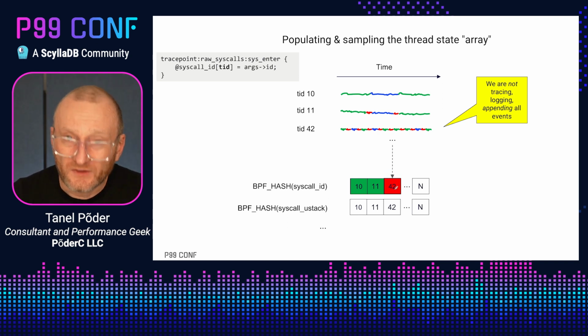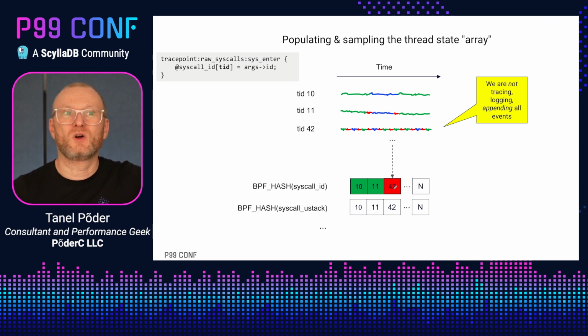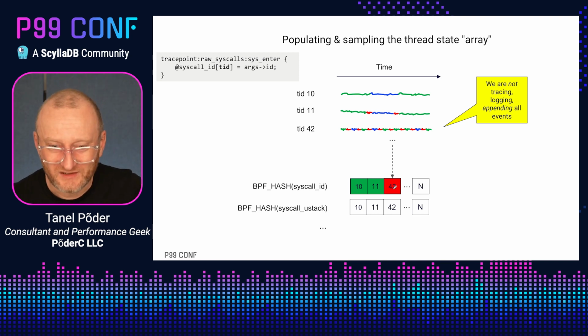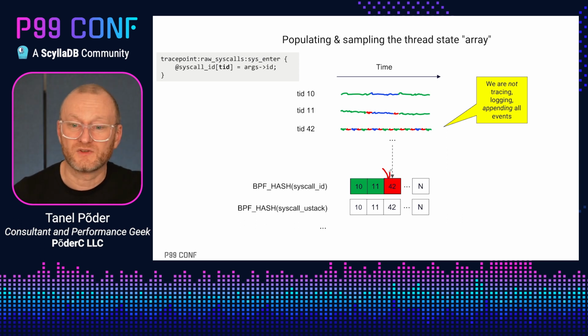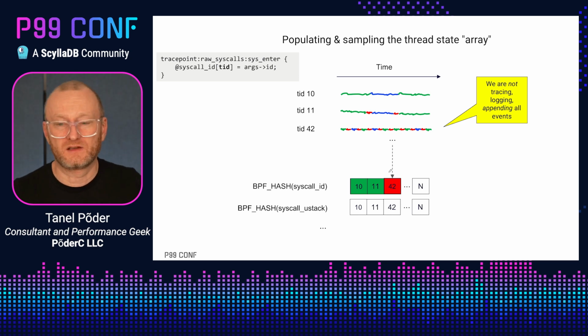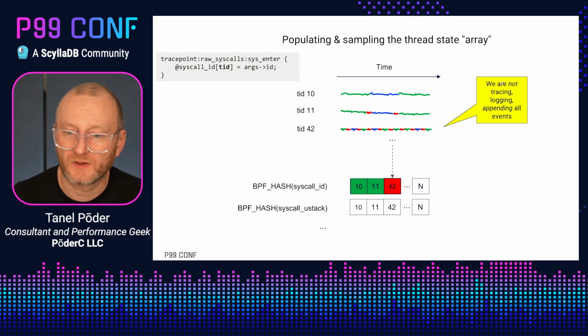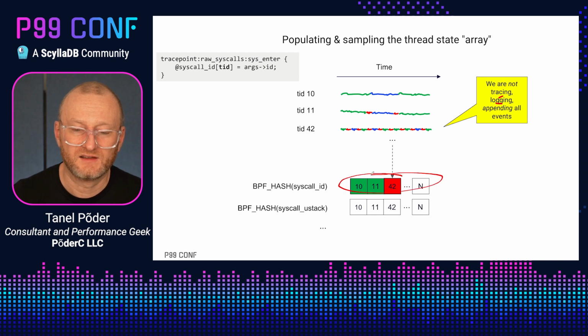So we are not tracing 100,000 system calls out to disk per second. We are just updating this slot that many times. So we are not afraid of having a lot of events, because we are not really logging, but just keeping this little shadow array of what's going on up to date.